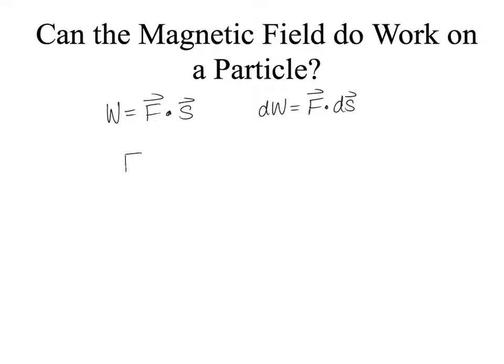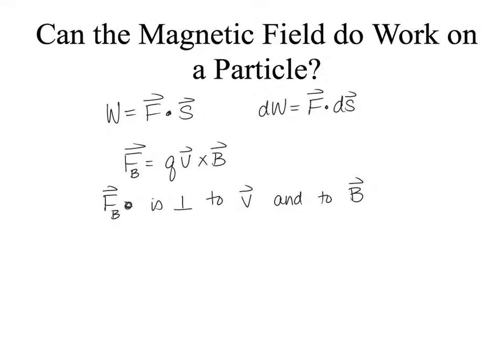Now, reminding you that the force due to a magnetic field on a particle that's moving through the magnetic field is given by this cross product, and we found that this means that this force is perpendicular to the velocity and to the magnetic field.